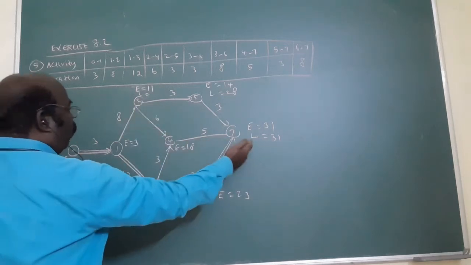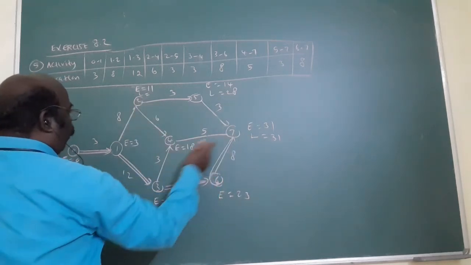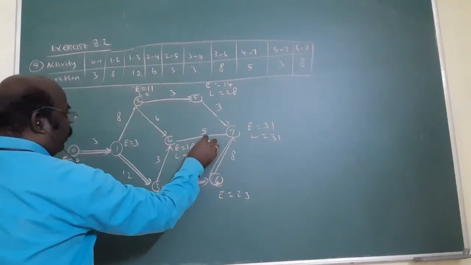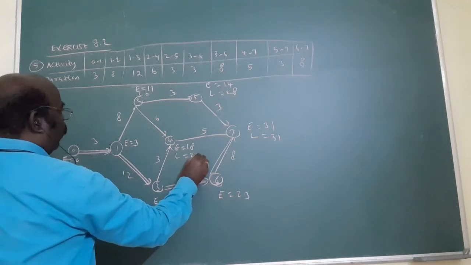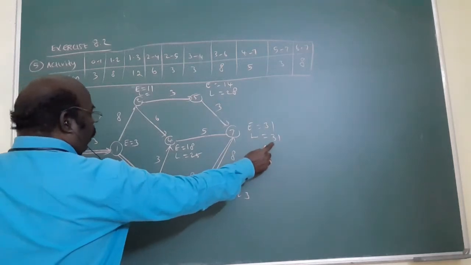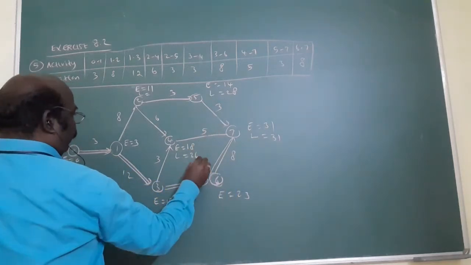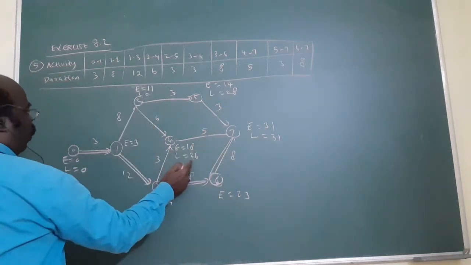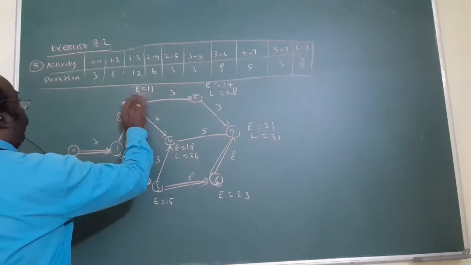We have one more route, you know. From here to here, L is 31. Minus 5, no? The answer is 26. Sorry, 31 minus 5, 26. From here to here, 26 minus 6 is what? 20.